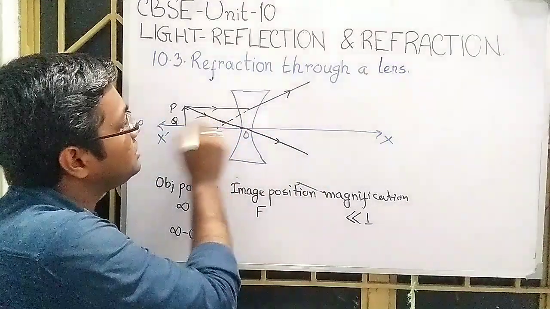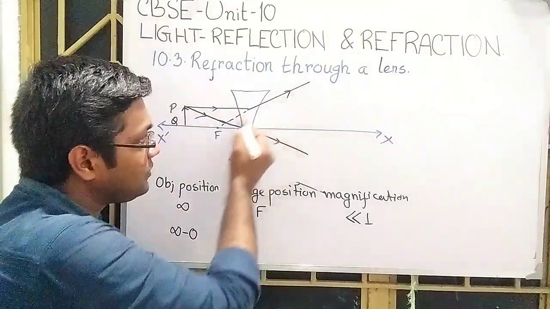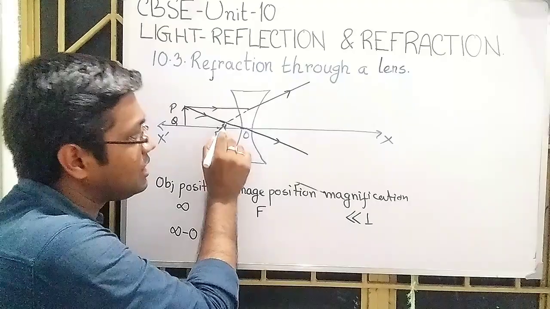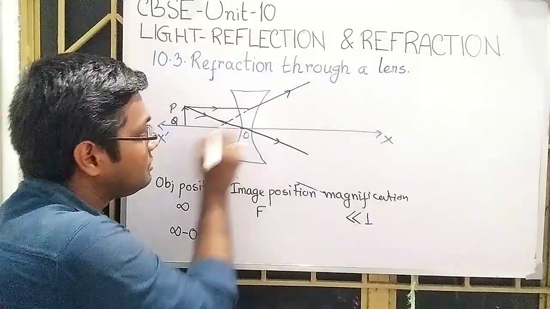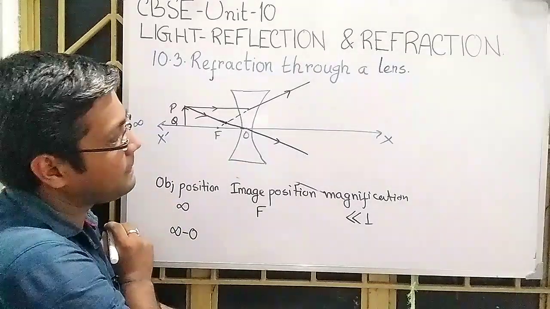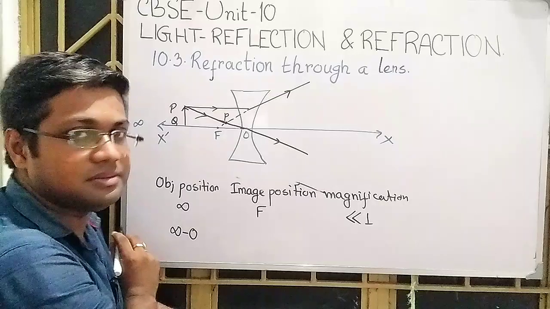So the extension of this refracted ray and this ray meet at this point, and this point is called P.